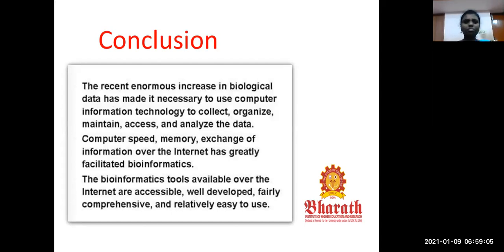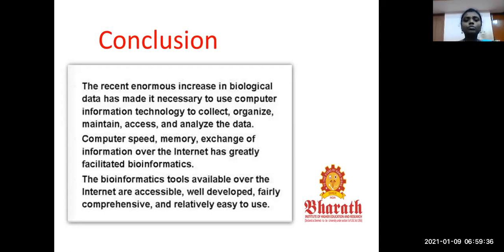So, with the use of information technology, this biological data has been saved, stored, and we can create new ideas with the help of information technology. So bioinformatics is a combination of two main fields, biology and information technology. With the combination of these two, we can identify vast things in the biology field.